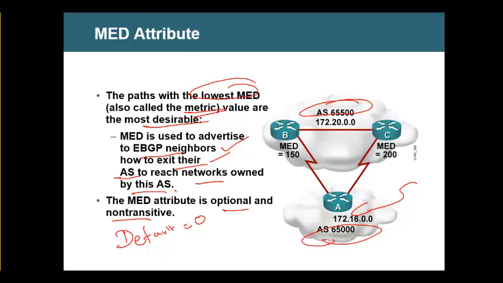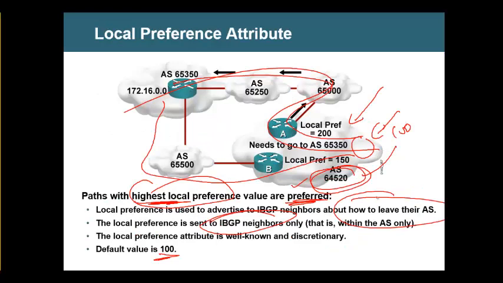Whereas when you configure MED, it will be only between eBGP. More input about MED and distribution of the MED attribute between neighbors we will see when we go live on the lab. But this is the important thing. It is between eBGP, whereas this is between iBGP.